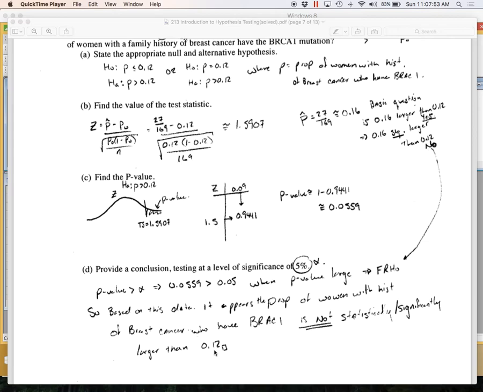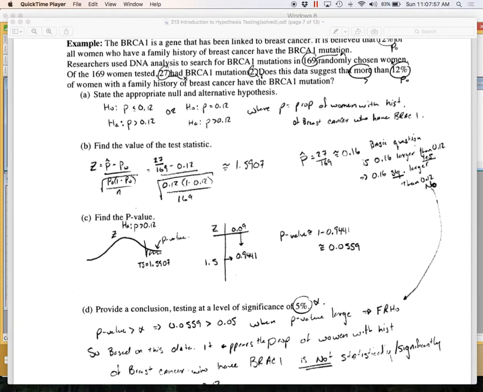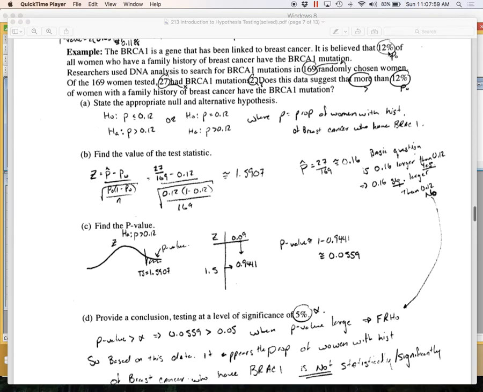So let's see. What did we just say? Here we think the hypothesis is that the proportion is 12% or 0.12. So when we took a sample, we got 27 over 169, which is approximately 16%. So here, the question that we're really asking is, is 0.16 larger than 0.12?